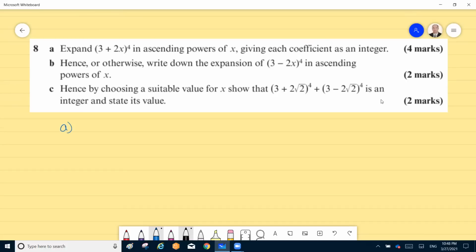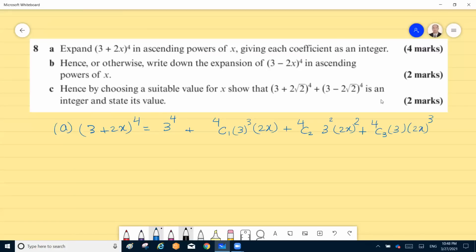Number A, 3 plus 2x to the power of 4 is 3 power 4 plus 4c1, 3 cubed into 2x plus 4c2, 3 squared into 2x squared plus 4c3, 3 into 2x power 3. And finally, plus 4c4, 3 power 0, which is 1, 2x to the power of 4.